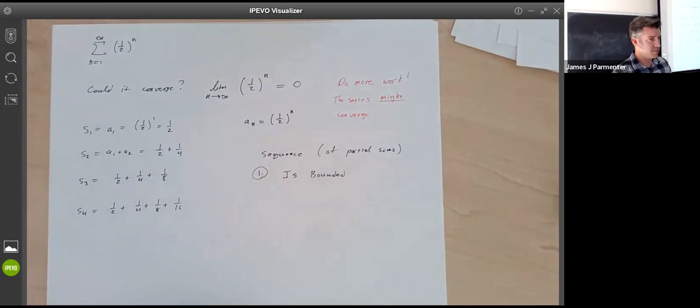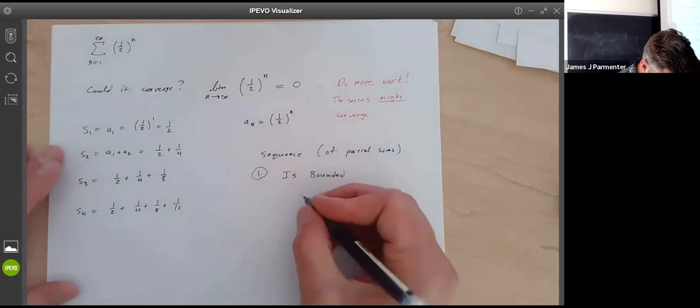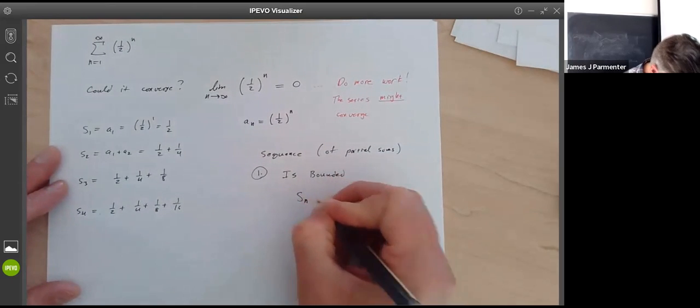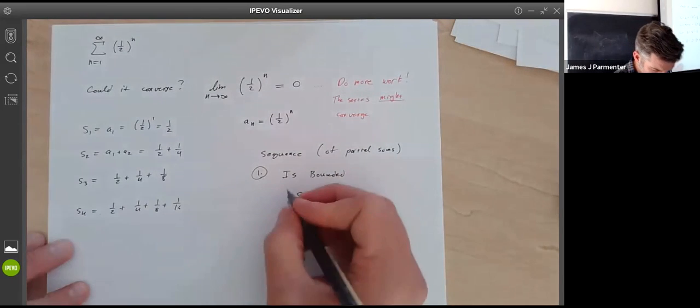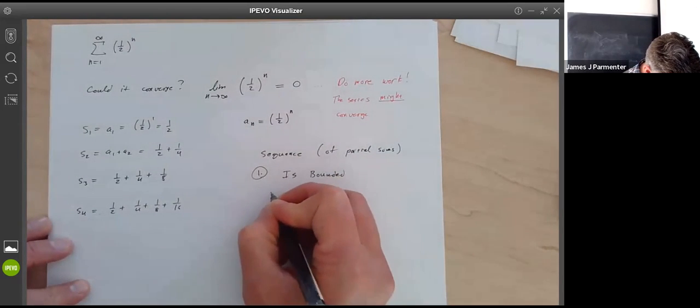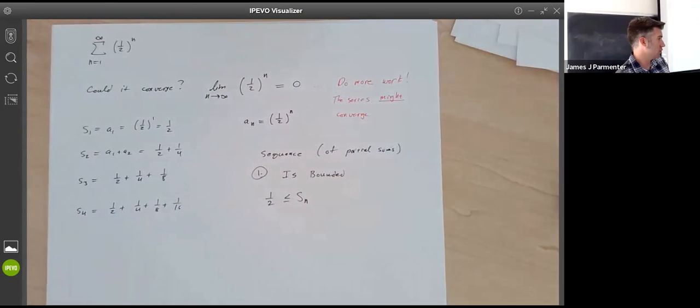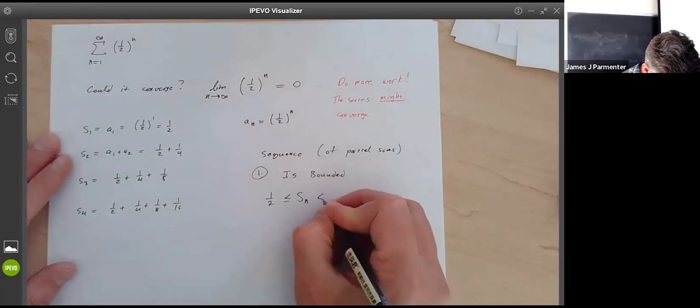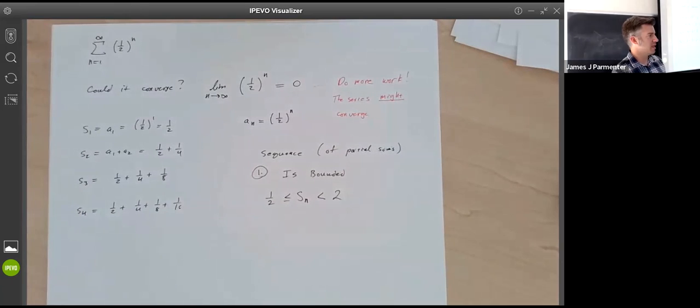Whatever my partial sum is, take the 10th term, the 20th term, the 1000th term, each term in my sequence of partial sums is certainly bigger than or equal to 1/2 for sure. And maybe I'm not going to make the exact choice here. I know for sure that each term is less than 2. 100%.